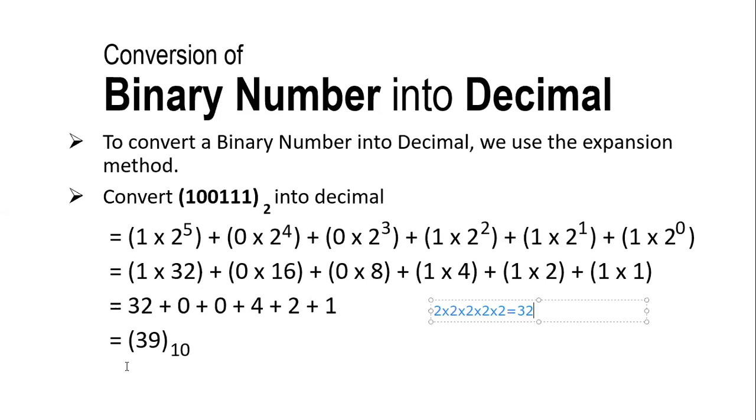Add them up, we'll be having 39 in the answer, which is proving that our method is correct. We converted this 39 into this number initially with the repeated division method, and now we have taken this number back with the expansion method. Hope you all have understood these two methods very well.